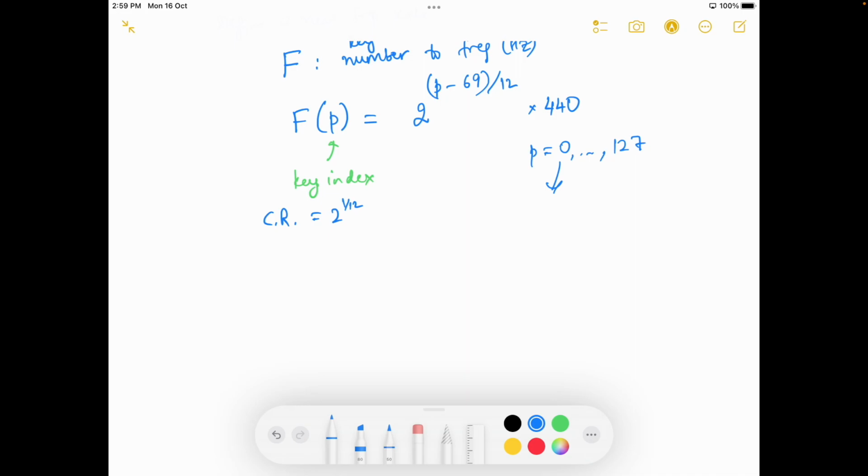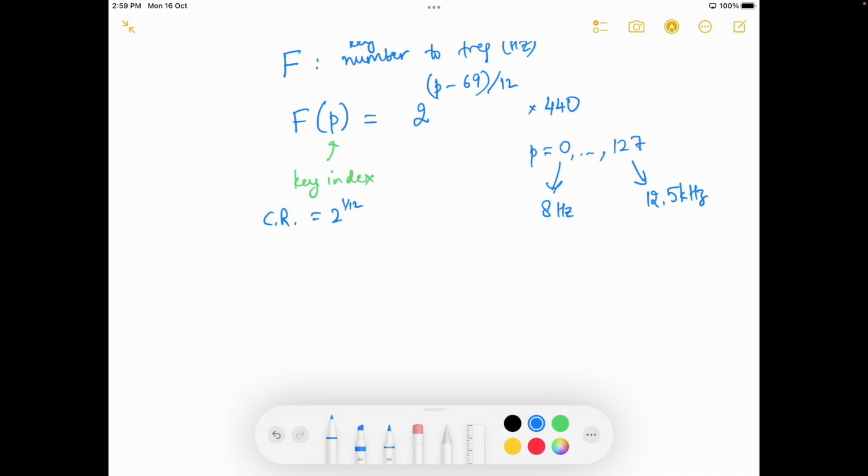Anybody has a calculator? You will see it is almost 8 hertz, which is very, very low. We can't even hear this frequency. What is 127? It is almost 12.5 kilohertz. This is also a very, very high frequency, and it's very difficult to even hear it.